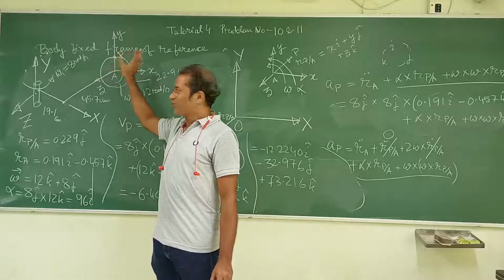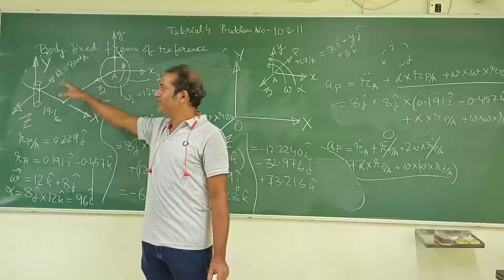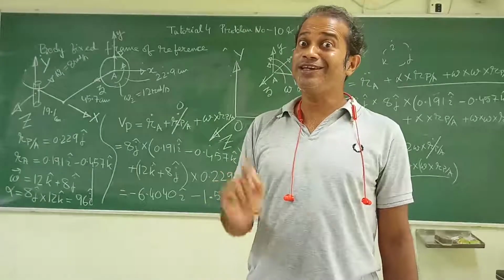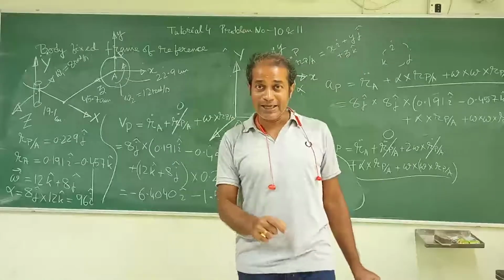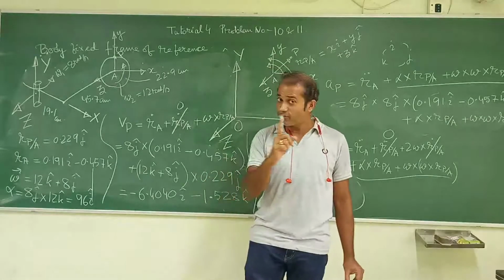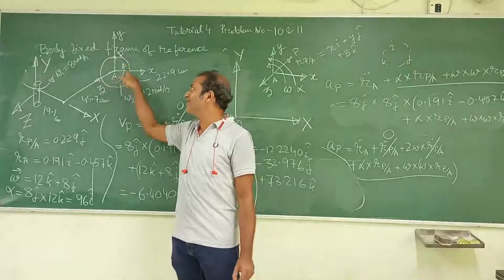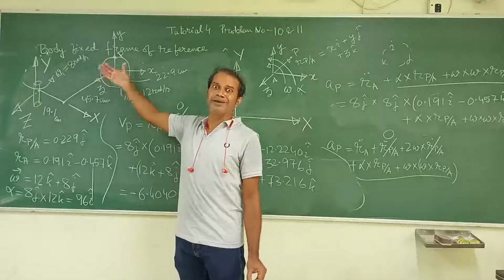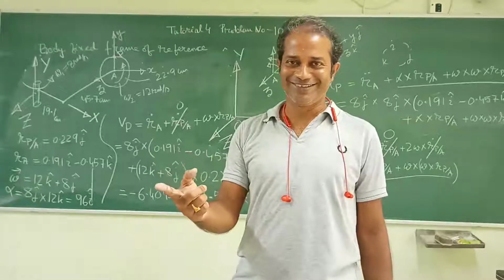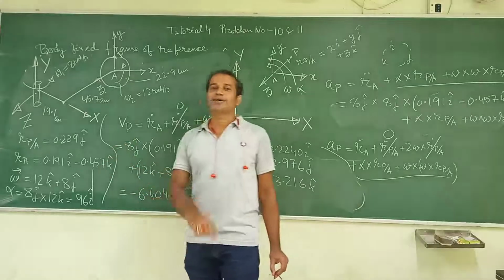If you use capital XYZ, each and every point is going to change with respect to capital XYZ, so its inertia property becomes a function of time instead of a space property. But if you use the small xyz frame, then its inertia property is time independent. That advantage we are going to take in the dynamics chapter. That is why we have used the body fixed frame of reference.